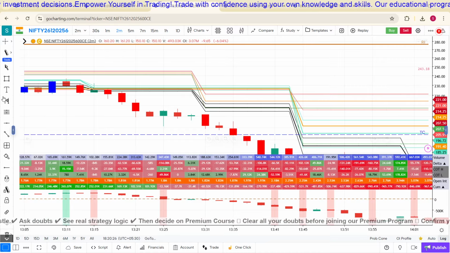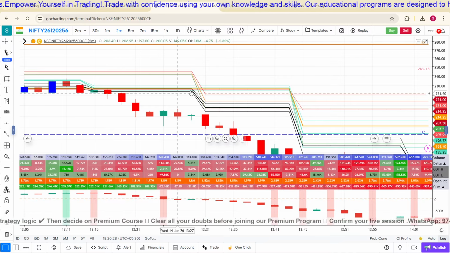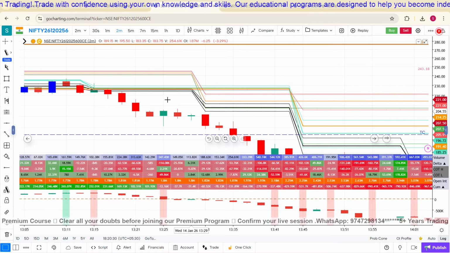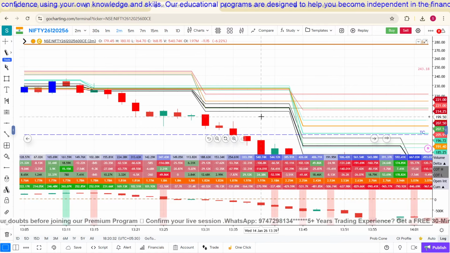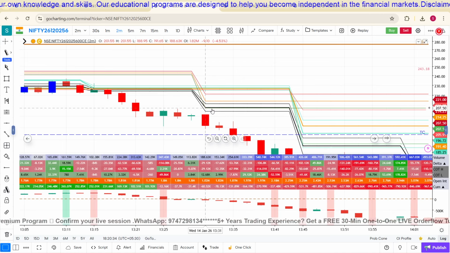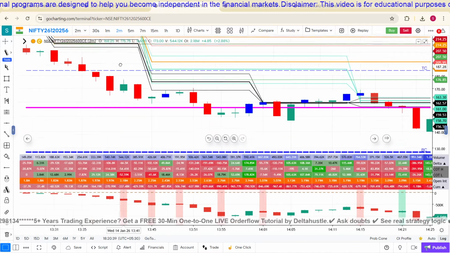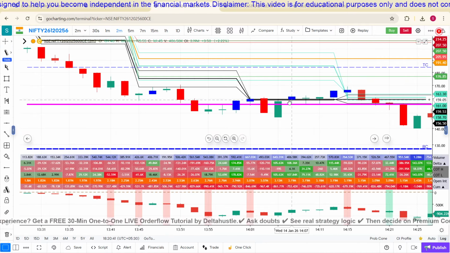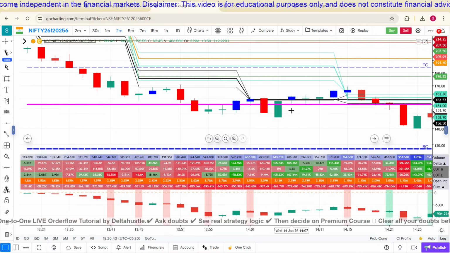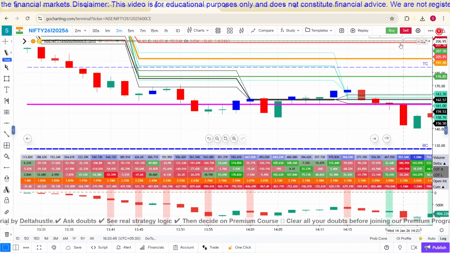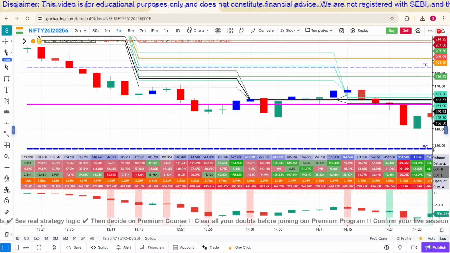See the downward trend. Then we will take a long position only, or we will cover our short position only when a candle closes above this 15 minutes CPR range. See, here we can cover our shorts. Again, it went up to here and then again crashed.